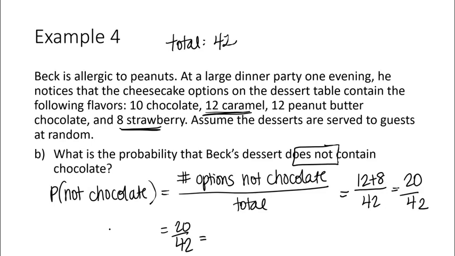If you're going to leave it as a fraction, you do need to reduce it. Let's see. I know I can at least take a 2 out of each of those because it's even, giving me 10 out of 21. And that looks to be as low as we can go.